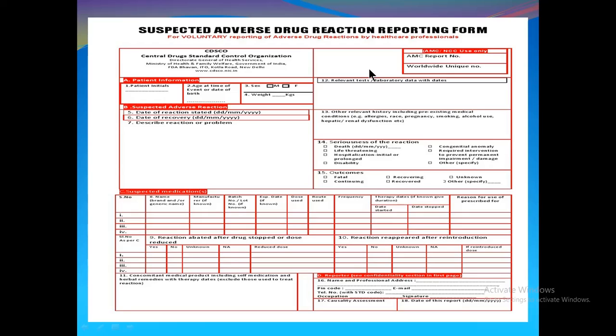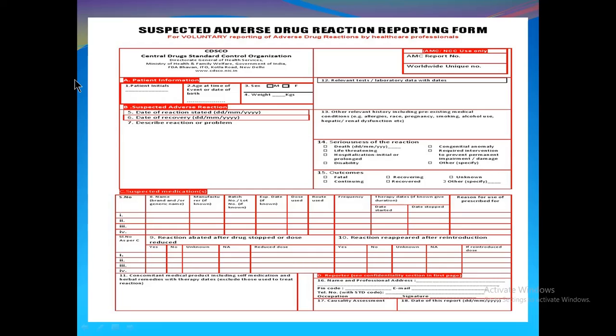Causality assessment of the suspected ADR can be done at AMC level, but at NCC level it is essentially performed and also analyzed and compared with the same type of adverse drug reactions of the same medications reported worldwide available in the database.